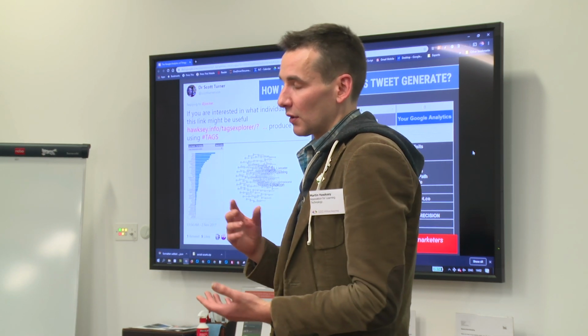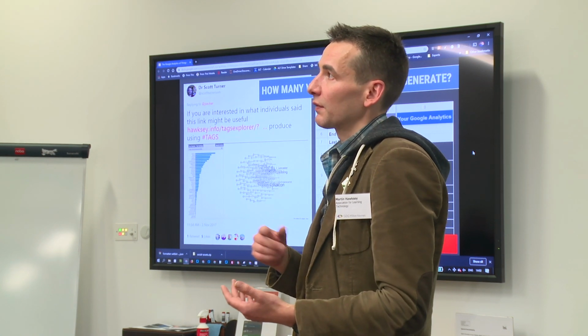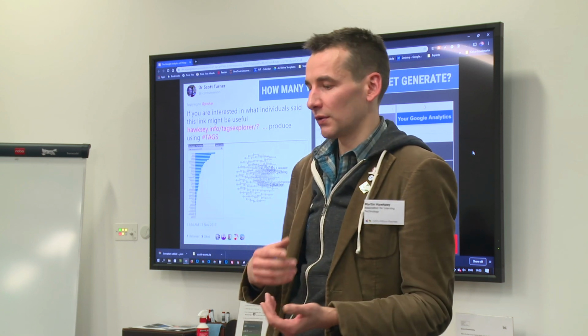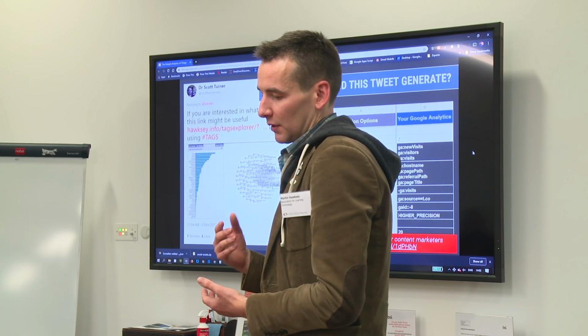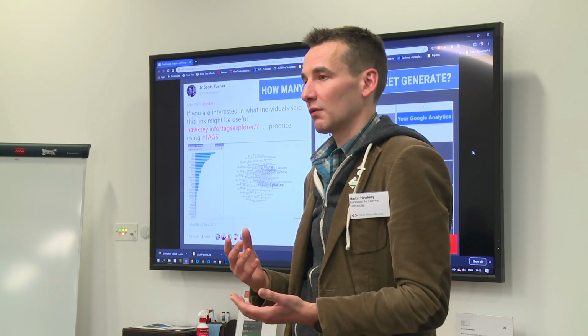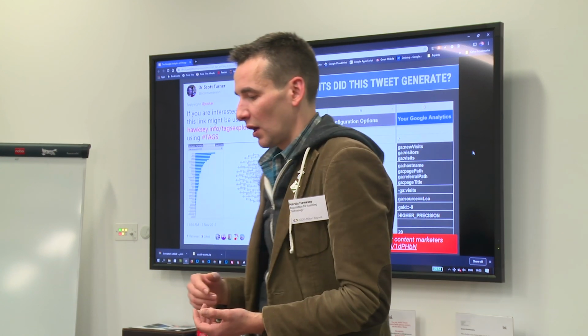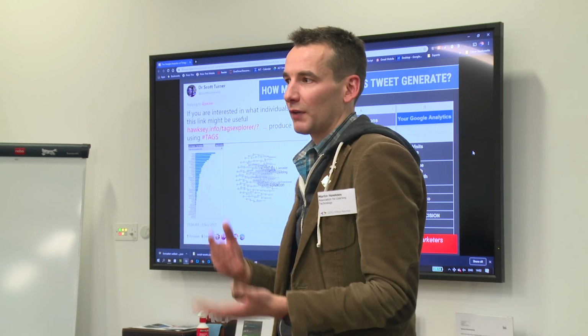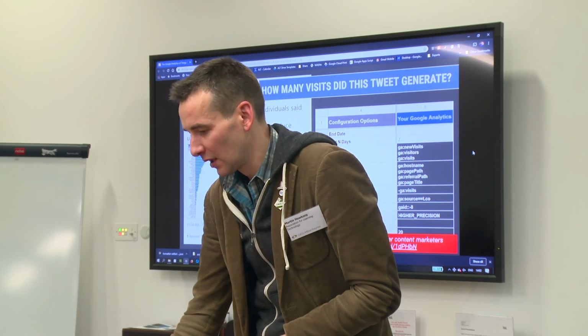there are a couple of things that you can do to actually track the impact of that tweet in terms of generating traffic. The reason you might want to do that is if you've got members of your community who are particularly good at driving content or traffic to your website, those might be people that you want to look after, invite them to events and so on.